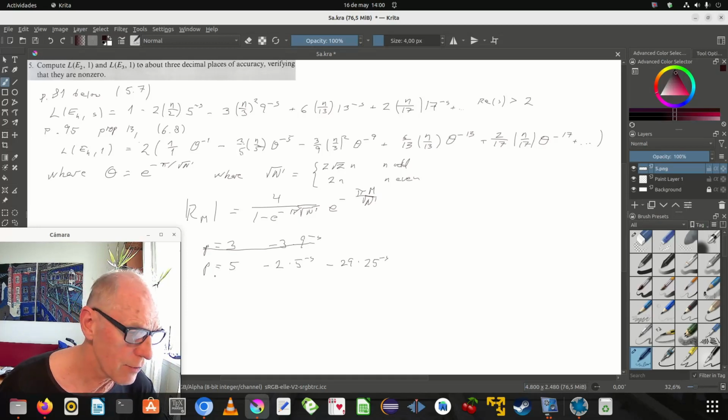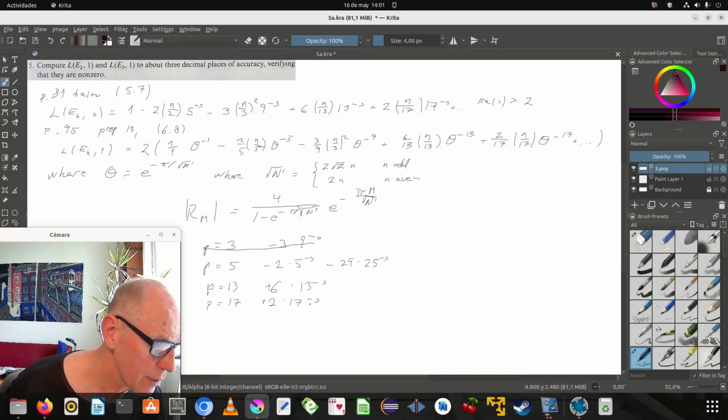Then p = 7 gives 49. P = 11 gives nothing. P = 13 gives 6, 13 to minus s. P = 17. That's -2 to +2. I better write plus 2 times 17 to minus s.